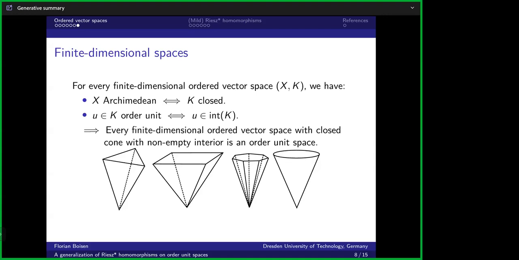And this gives you already in finite dimensions many examples of pre-Riesz spaces. You could have a cone with, for example, 3 extreme rays, which is also a lattice cone, a cone with 4 or even more extreme rays, or, for example, the circular cone where you have infinitely many extreme rays. And these are all spaces which fall into our theory of pre-Riesz spaces.